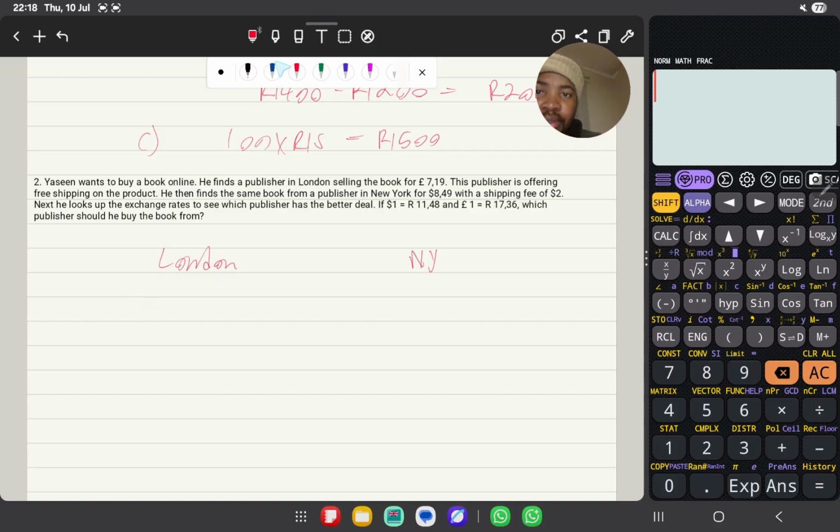7.19 multiplied by 17.36, and then it's going to give us how many rands that is.